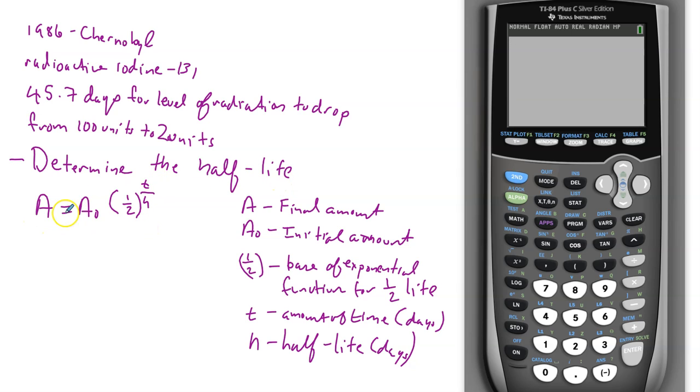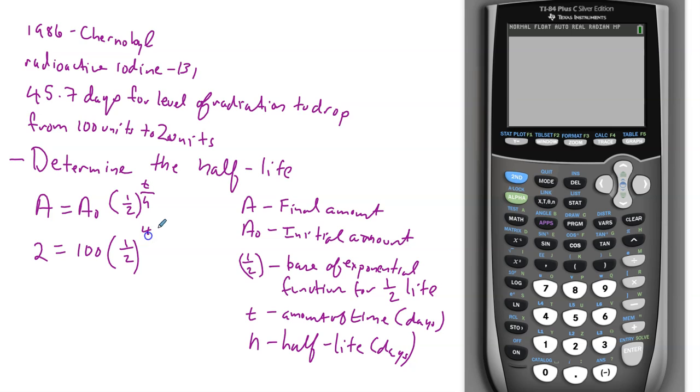We're going to start with the formula. So you've got the formula: A is equal to A naught, 1/2 to the T over H. So A, the final amount, well, we're going to end up with 2 units. A naught, the initial amount, we started with 100 units. 1/2, because it's a half-life, so it's an exponential decay function, right? So half-life is a decay.